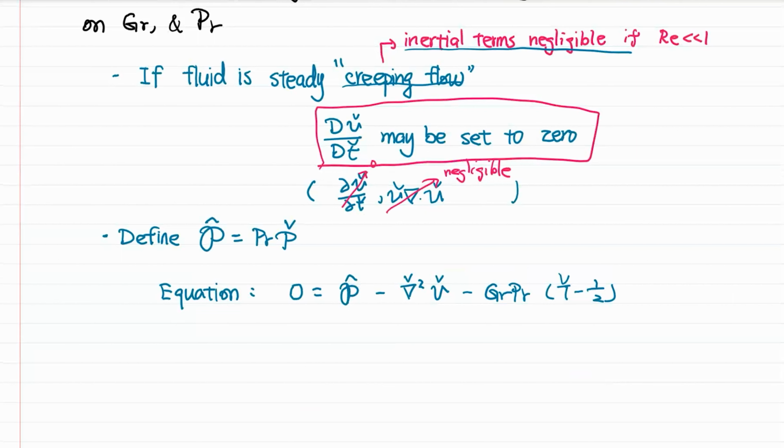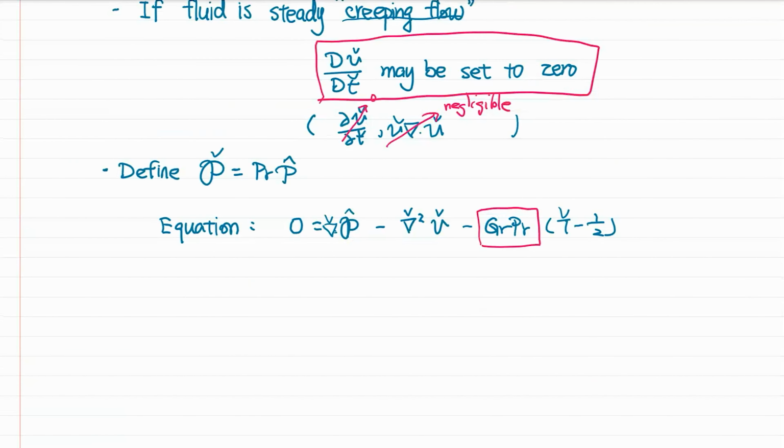So you see that now the whole equation is solely dependent on one dimensionless group or one dimensionless coefficient, right? And in this case, sorry, I should also put a missing gradient here.